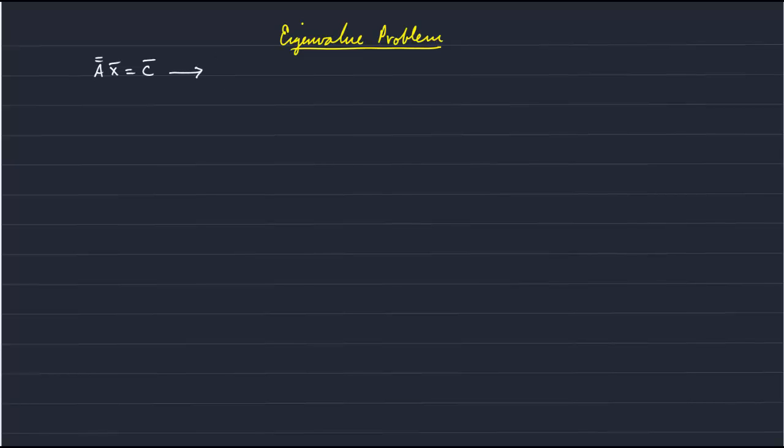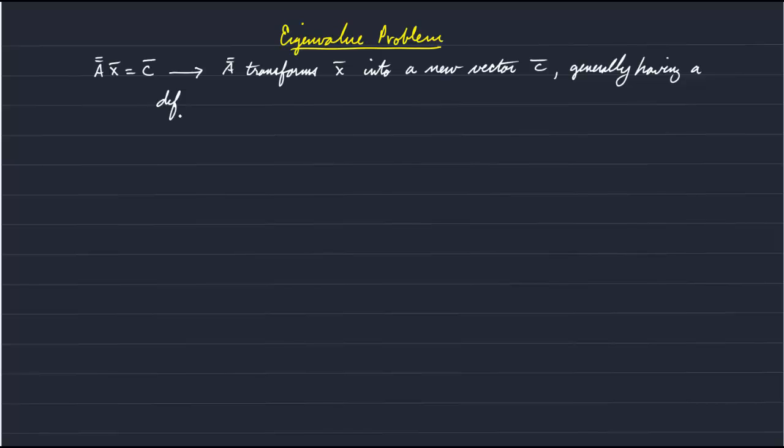And one interpretation is that the matrix A transforms vector x into a new vector c, generally having a different magnitude and direction from x.